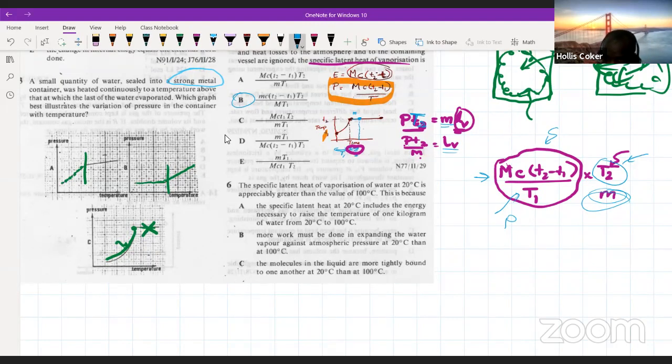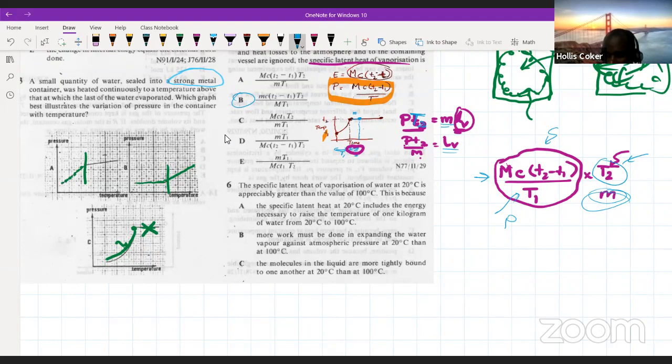So what we're saying is, what does latent heat do?